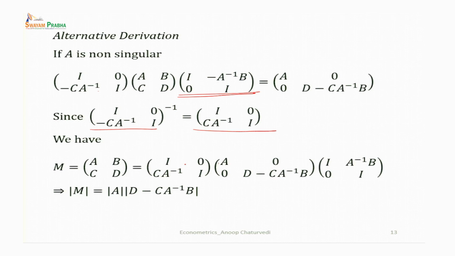All the elements towards this side are 0. So, the determinant value of this matrix is the product of diagonal elements. So, determinant of this matrix is 1.